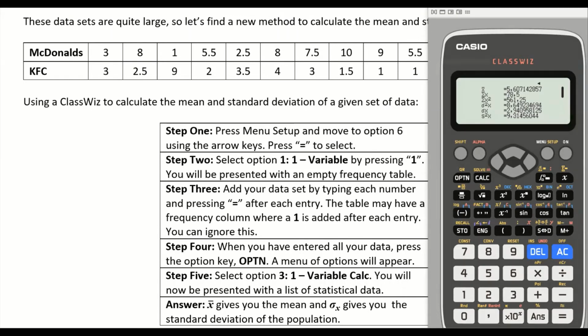So we've got the mean straight away. So we can write down the mean. Okay, so X bar, and we'll do this to 3 significant figures. So that's 5.607. So that's going to round to 5.61 to 3 significant figures. Okay, so that's the first thing from the calculator.